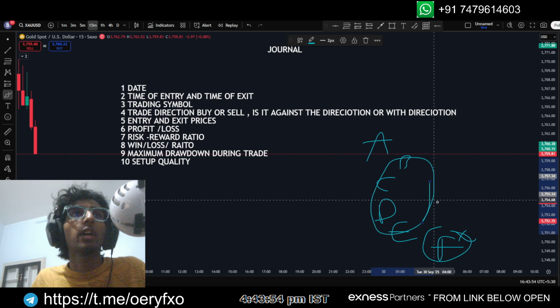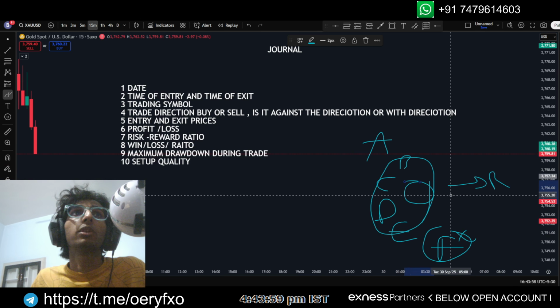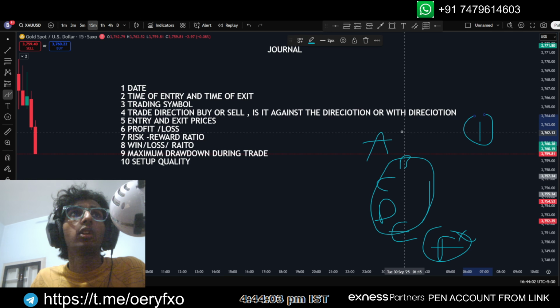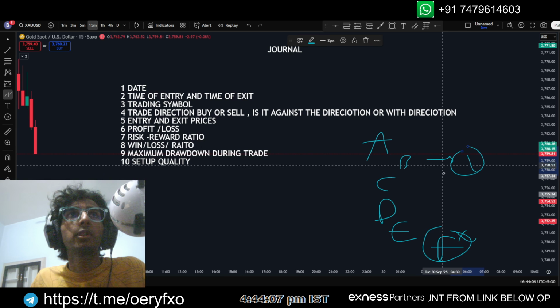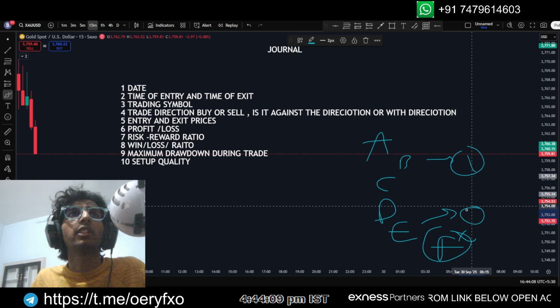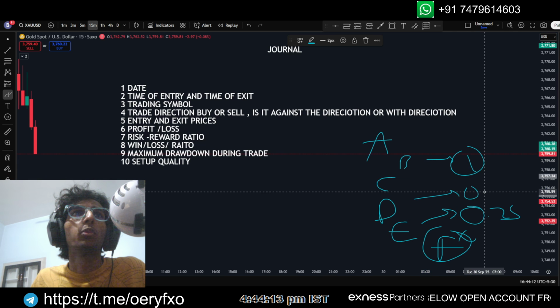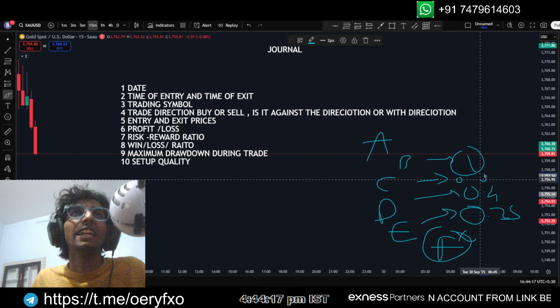For these, you can have different risk per trade. So if you're risking 1% on B, on E you can risk like 0.25, or in D you can risk like 0.4. In C, you can risk like 0.8, I'll say.